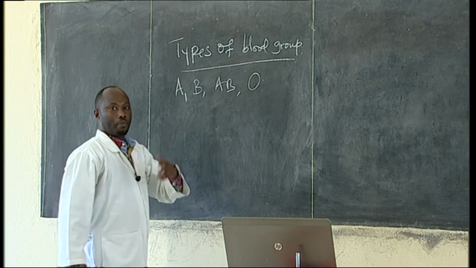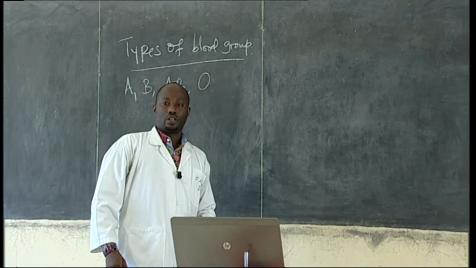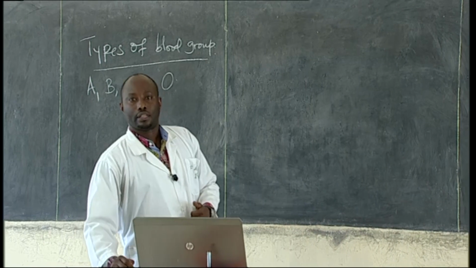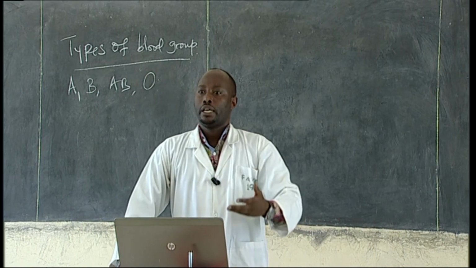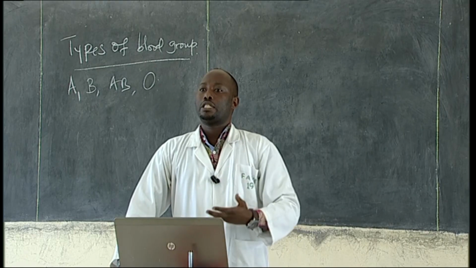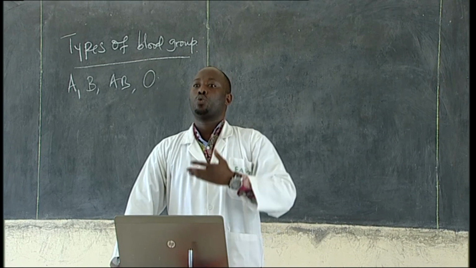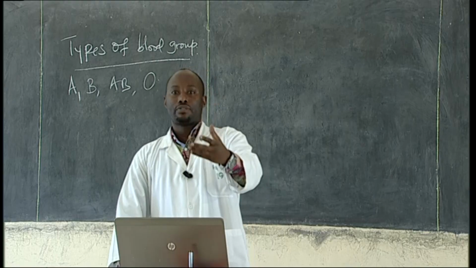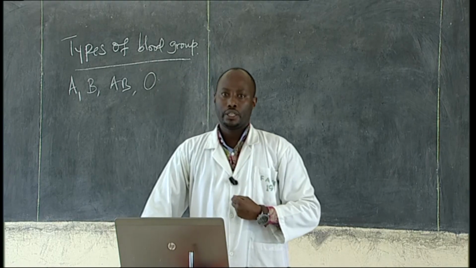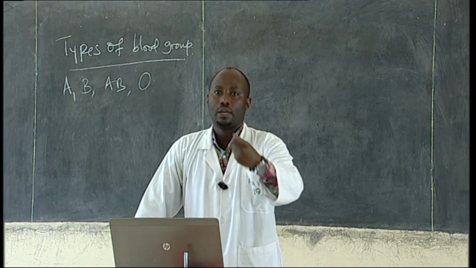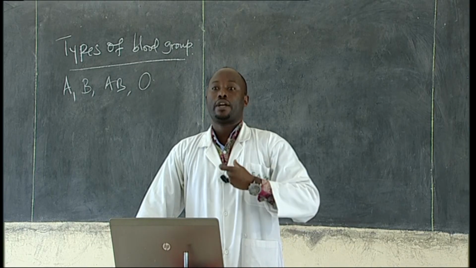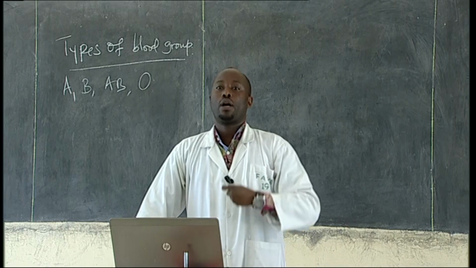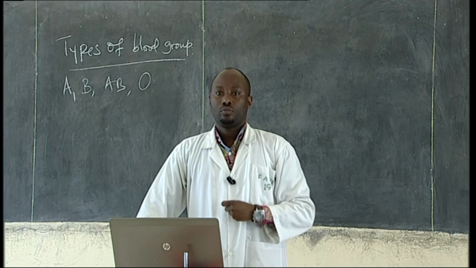We also have another type of blood group, but today we're not going to discuss it, which is called the rhesus factor. It's also another type of blood group. Everybody's blood is classified into blood groups, or what you call blood type.